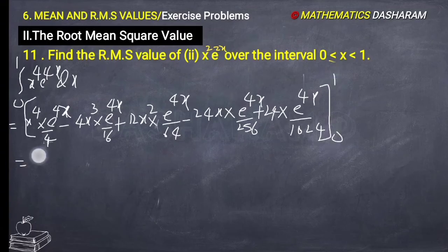So it is equals to x to the power of 4 into e to the power of 4x divided by 4.